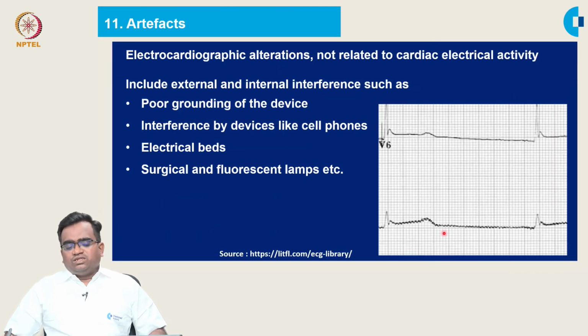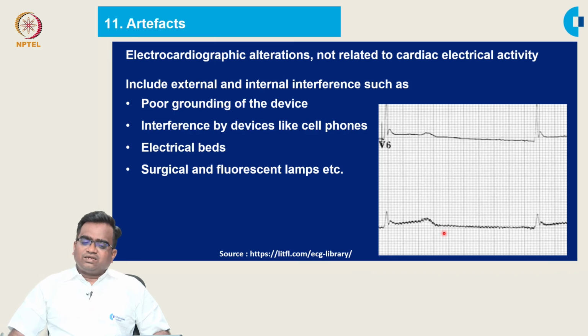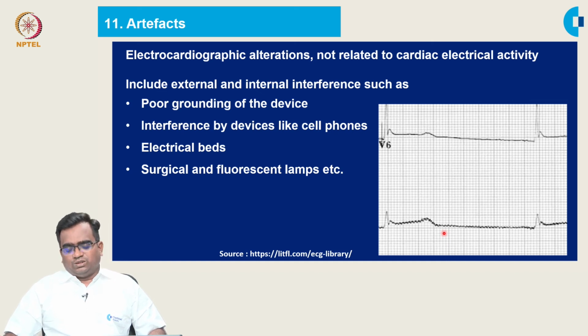Next, we move on to the artifact. Artifacts are electrographic alterations not related to the cardiac electrical activity. This artifact occurs in the ECG wave and may give a wrong graphical representation. So, it has to be avoided while recording the ECG.